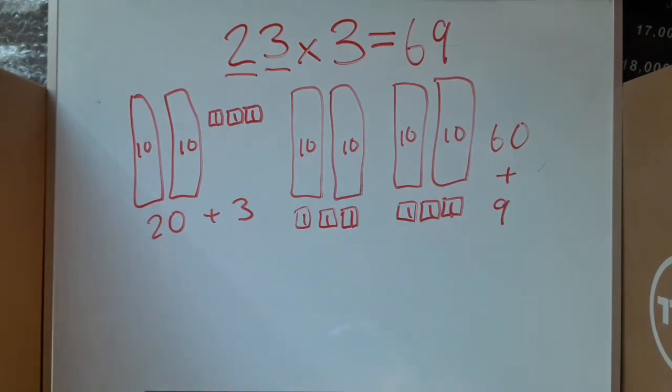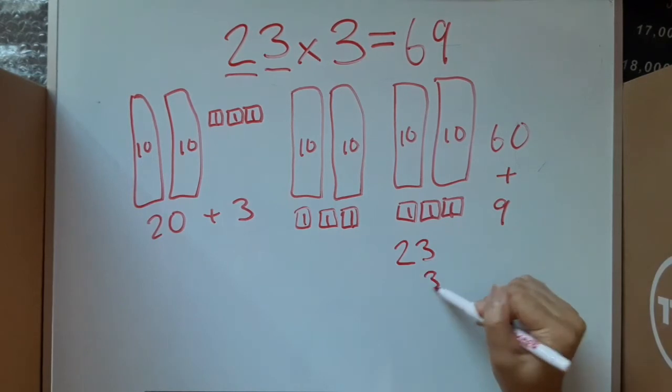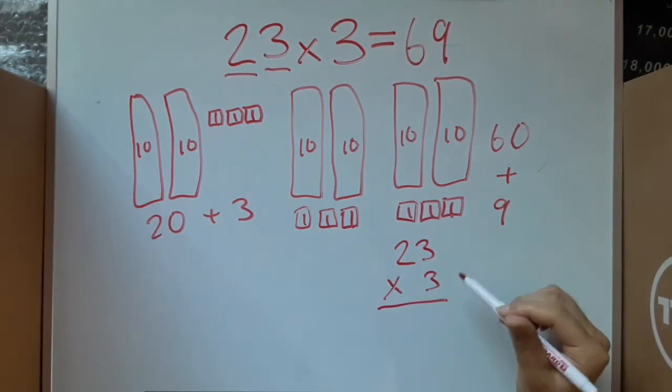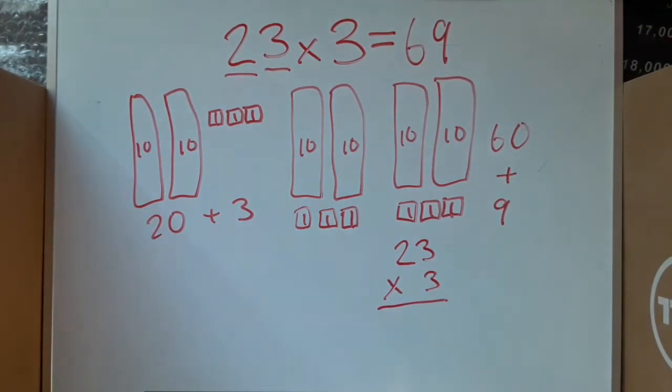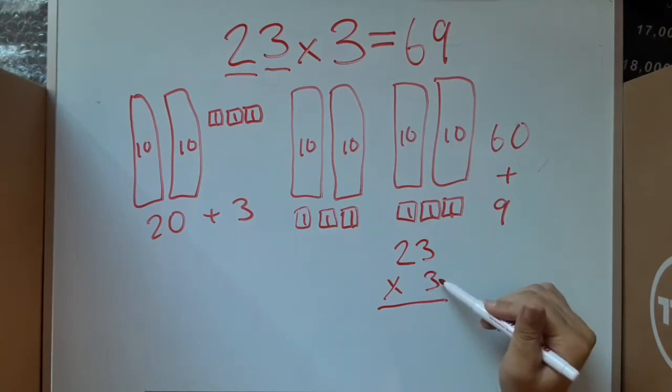Breaking multiplication down like this isn't just when we use pictures. We do this when we multiply just using numbers as well. If we write it out in vertical form, we would do each number one by one. So we have our 3 on the bottom, and we use this to multiply by the 3 and by the 2.